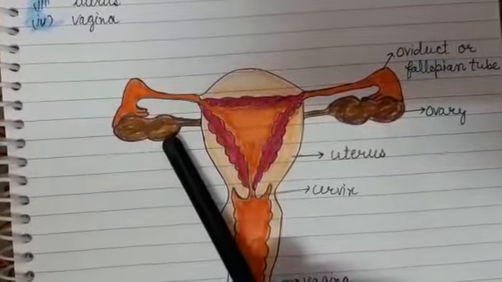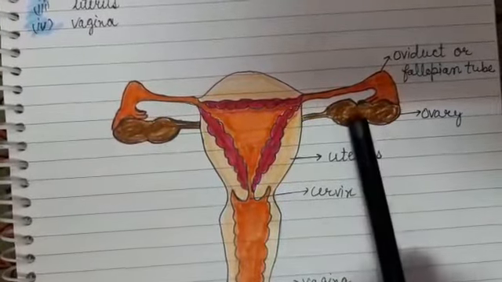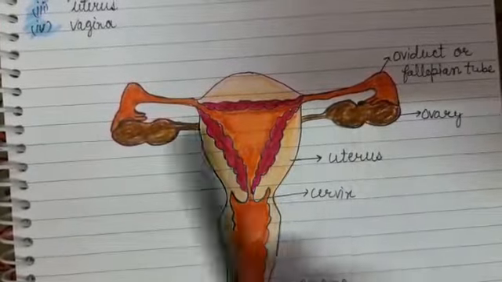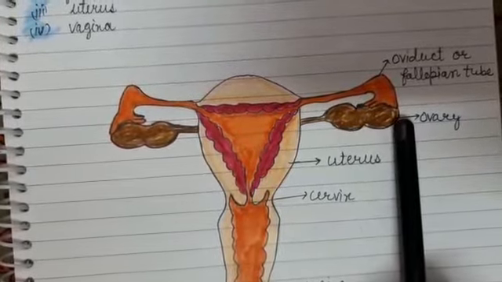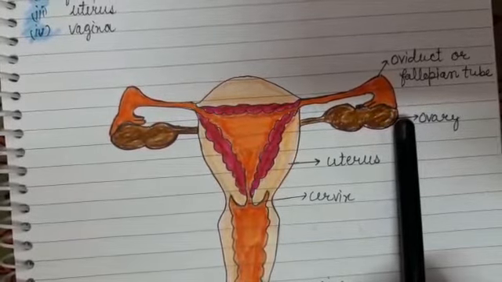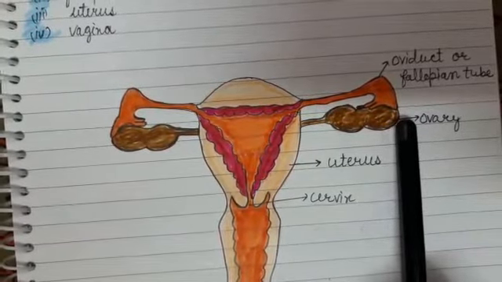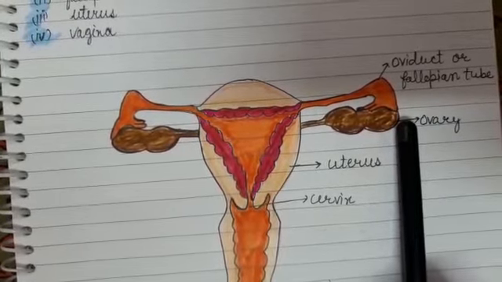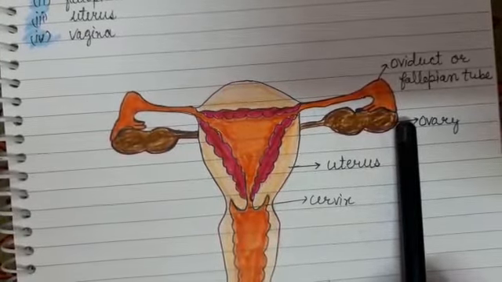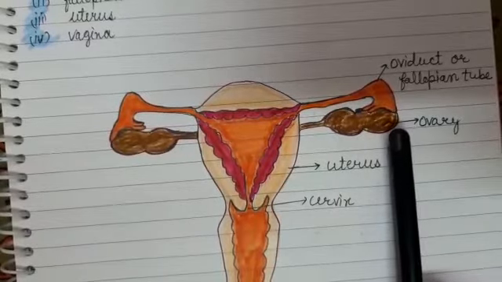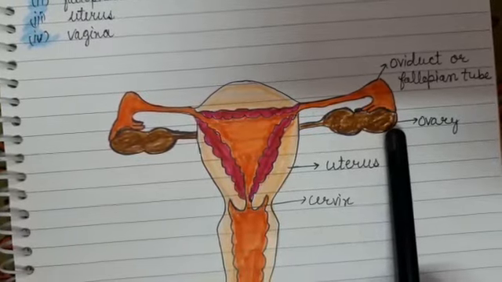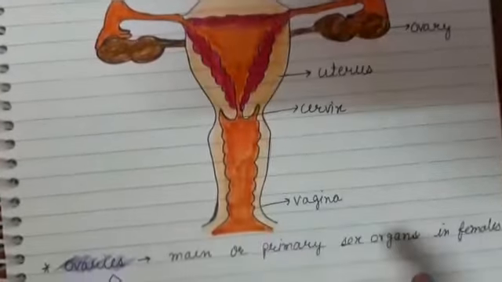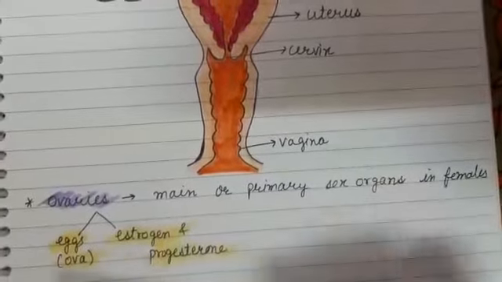The ovaries are two almond-shaped structures lying on either side of vertebral column behind the kidneys. The function of ovaries are production of eggs, or you can say ovum, and secretion of female sex hormones, estrogen and progesterone.